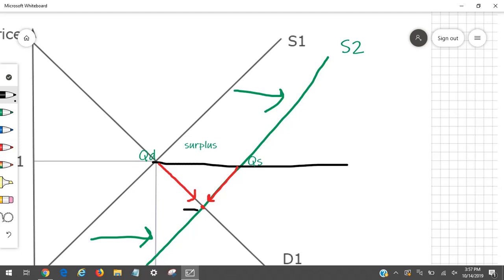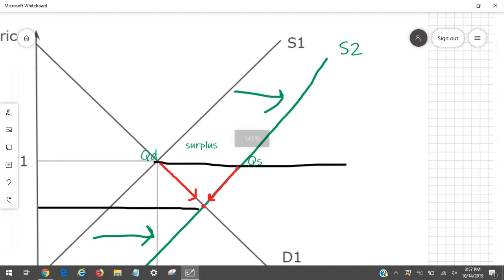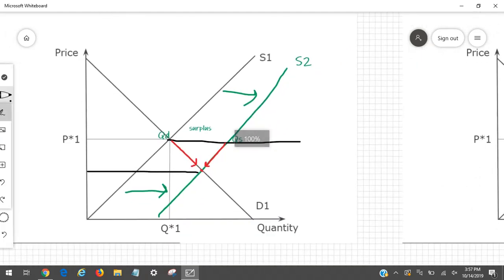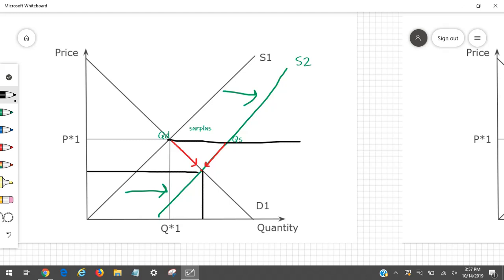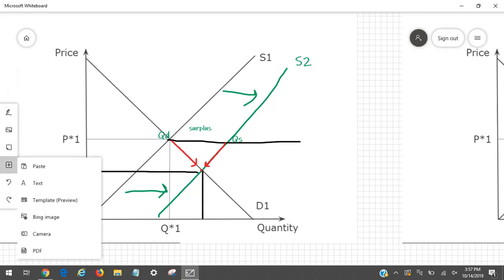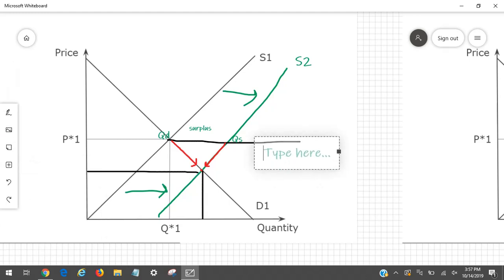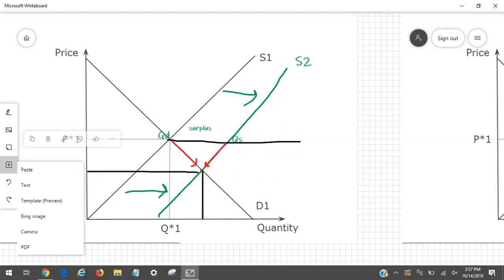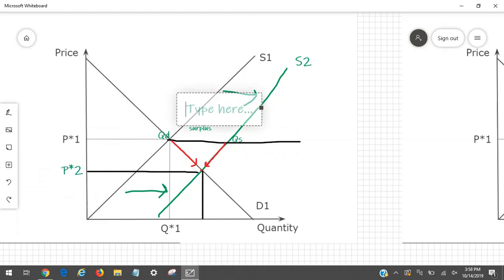So I'm going to have a new equilibrium price, and then a new equilibrium quantity, which I will label. Okay, so my new equilibrium price is down here. My new equilibrium quantity is here.